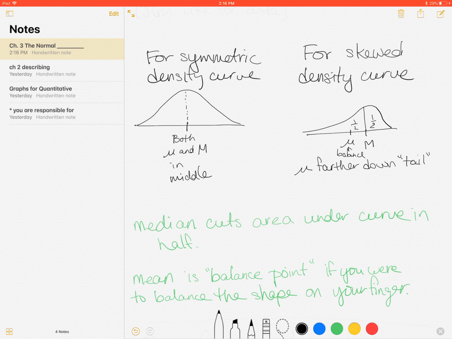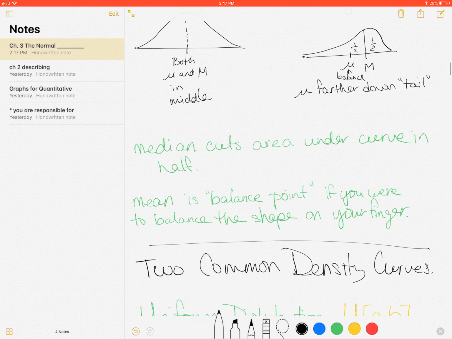And if you're not comfortable with these ideas being different, go to a park with a small child, sit on a teeter-totter. The bigger person sits closer to the center, and the little person sits farther out, and then they will balance.